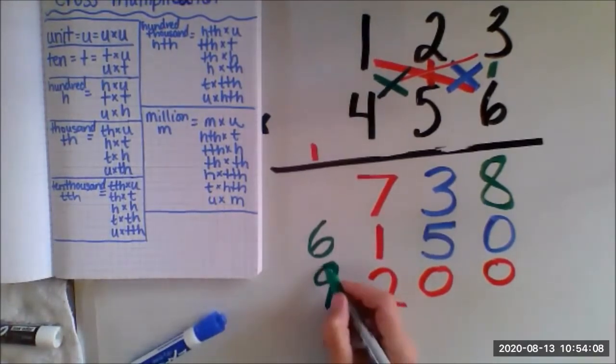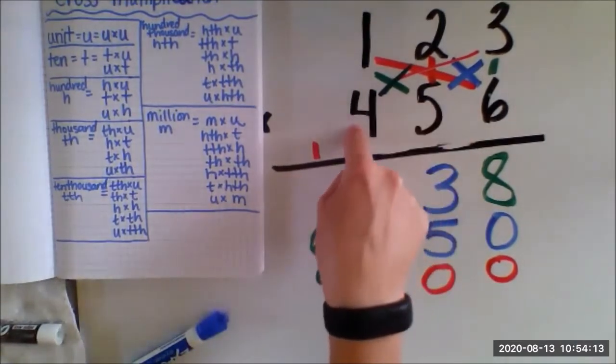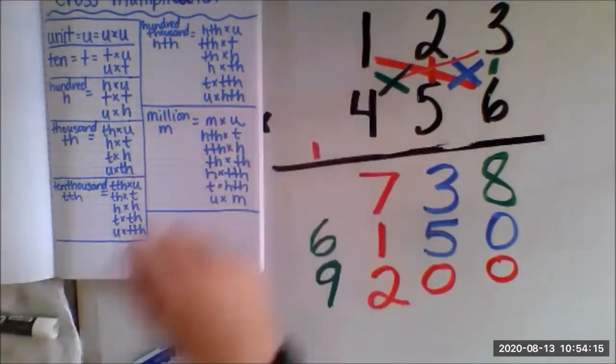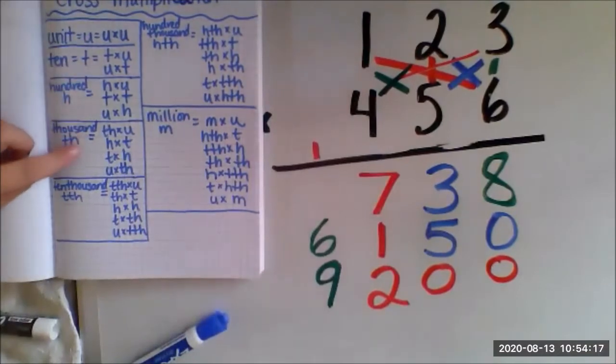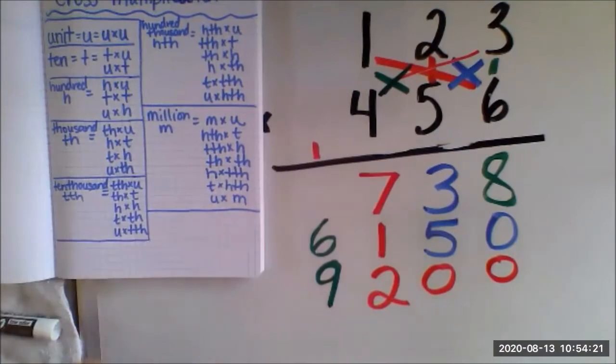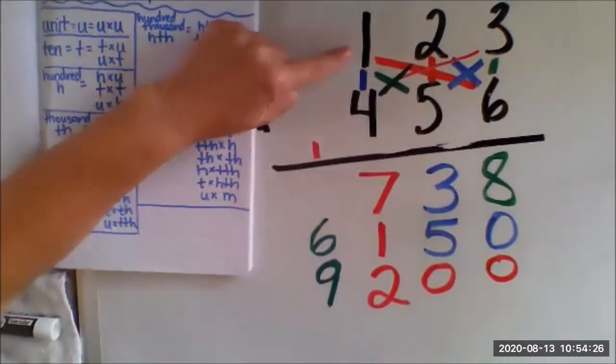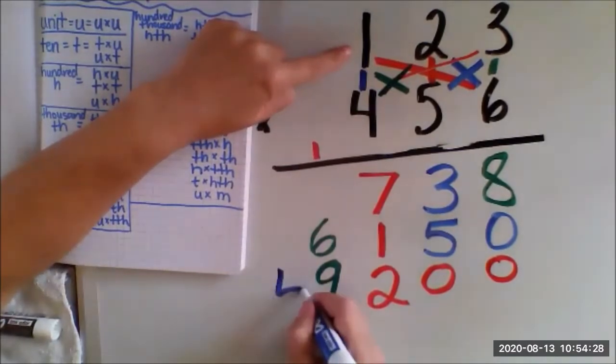All right, and now that we have done our 9,000, we need to look at our 100 times our 100, 4 times 1. 100 times 100 right here gives us a 10,000, so we'll use blue. 4 times 1 is 4.